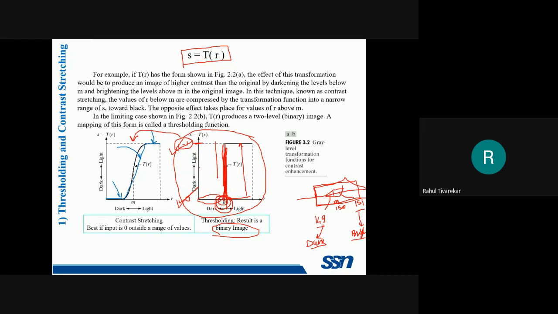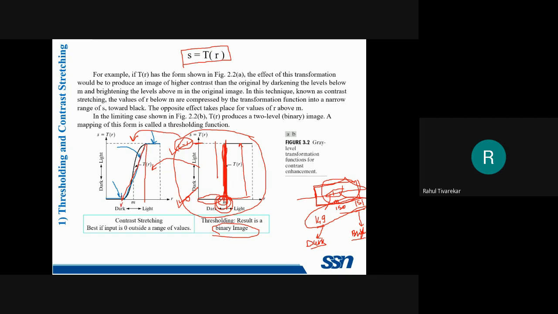I moved from thresholding to contrast stretching, and there I told you that if you don't want to have same threshold, so that the pixels which are very close should not be separated from total dark to total bright, if you want a smooth transition for the pixels which are near this threshold, then you use some kind of inclination like this. So what basically you do is you use a lower threshold which is R1 and you use upper threshold which is R2.